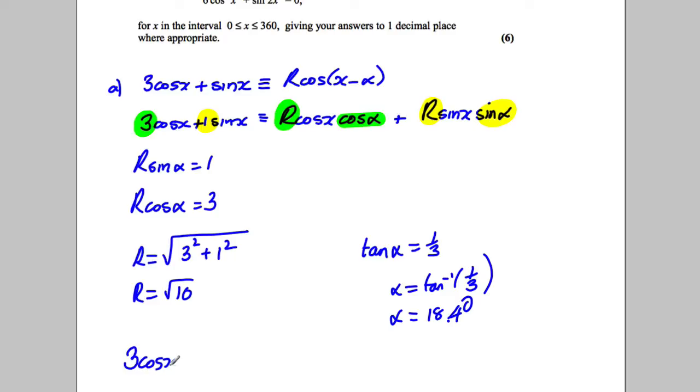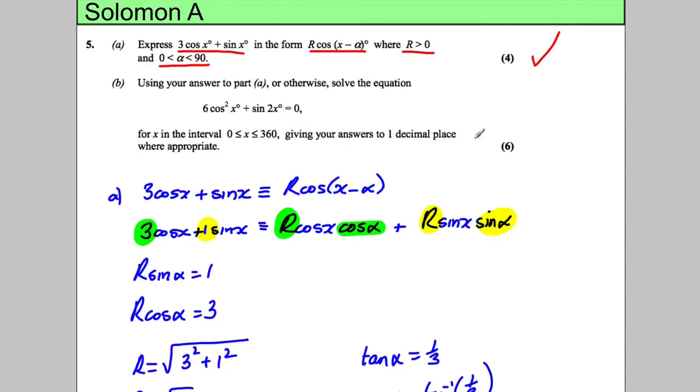So 3 cosine x plus sine x can be written as the square root of 10 cosine of (x subtract 18.4). And we've done here for our 4 marks.